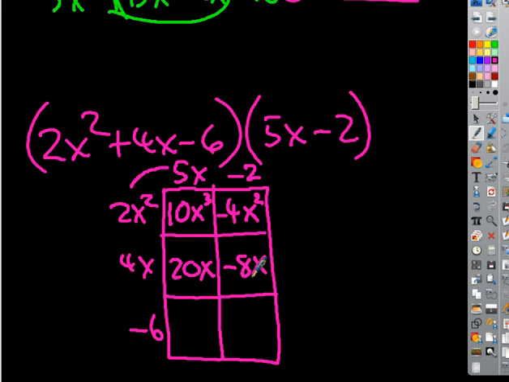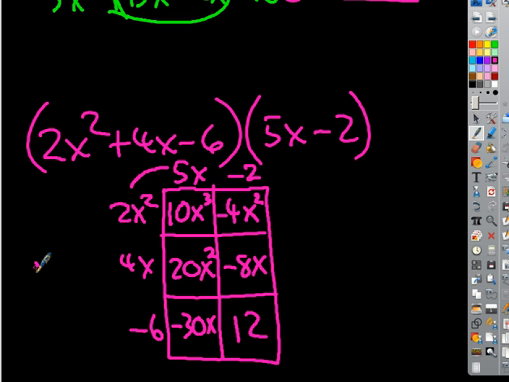Last row, minus 6 times 5x is minus 30x. Minus 6 times minus 2 is 12. Whoops, left one thing out. That should be squared. Hope you caught that. The 4x times the 5x should be 20x squared.